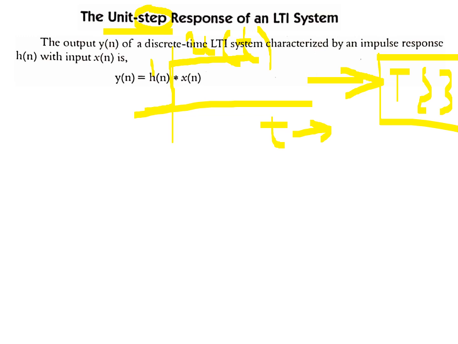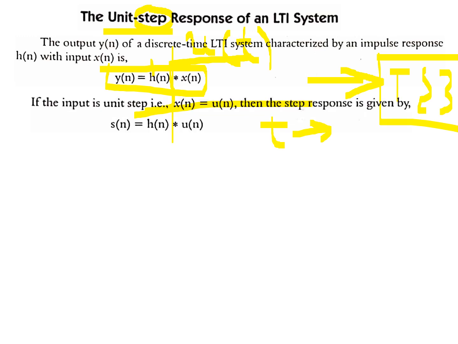The output y of n of a discrete time LTI system is characterized by the impulse response h of n with input x of n. This is how I write the output of a system using impulse response. You already know this. Now, if the input is unit step, that is x of n is equal to u of n, then the step response is, I am using the special notation s of n.